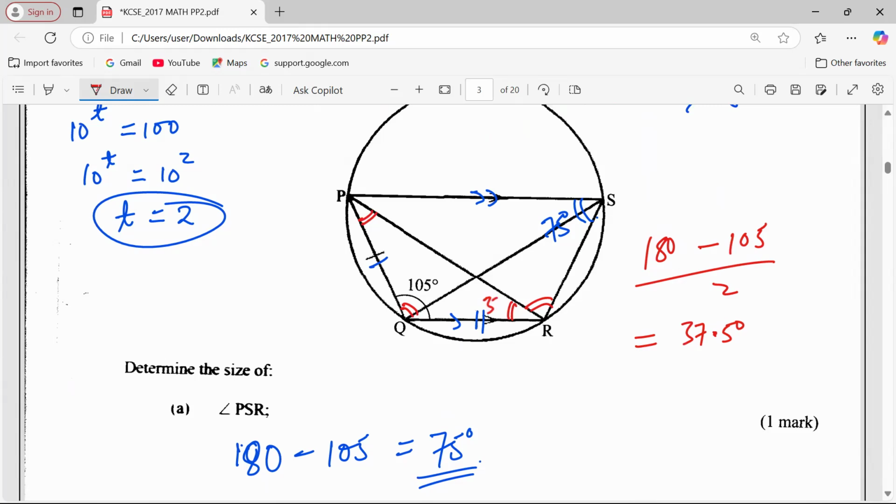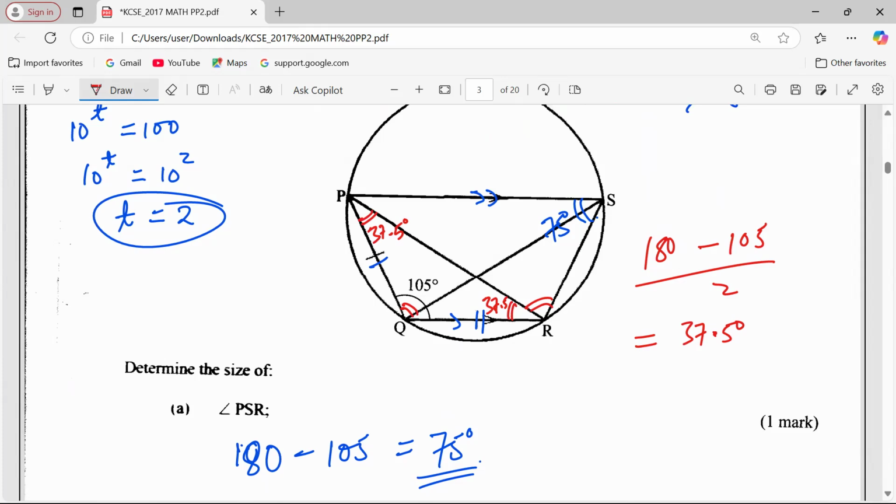So this is 37.5. This is also 37.5. We know that angles subtended by the same chord are equal.